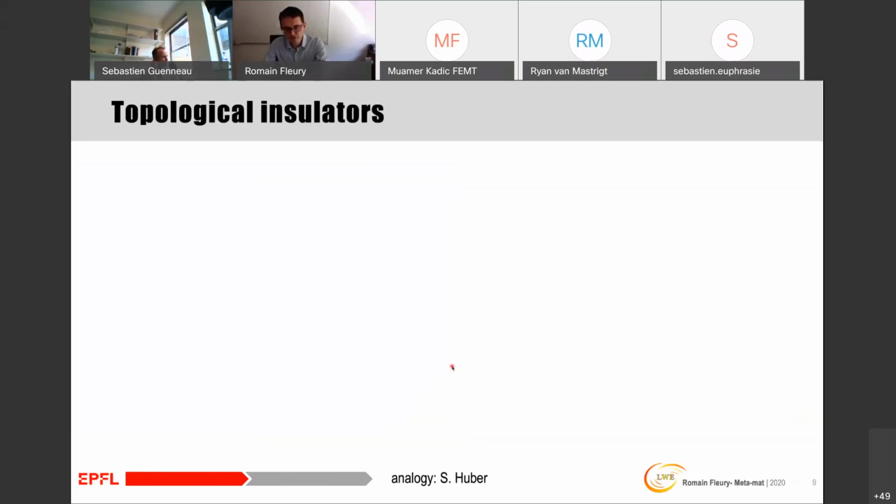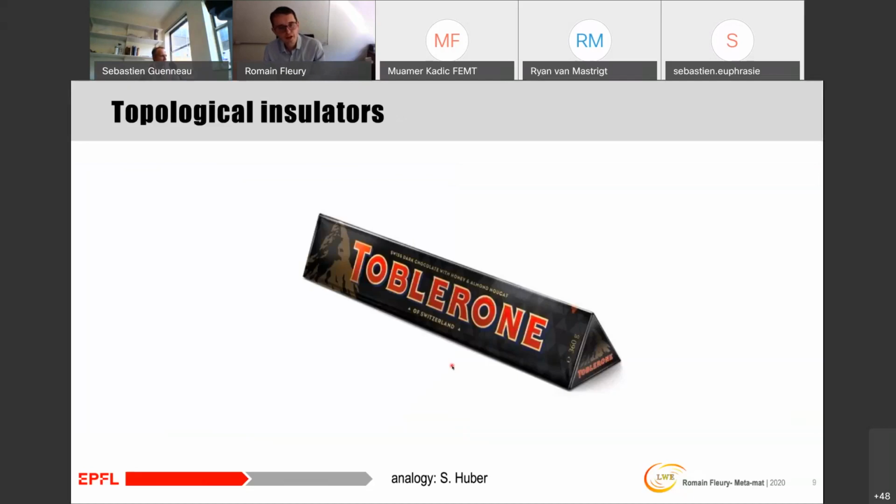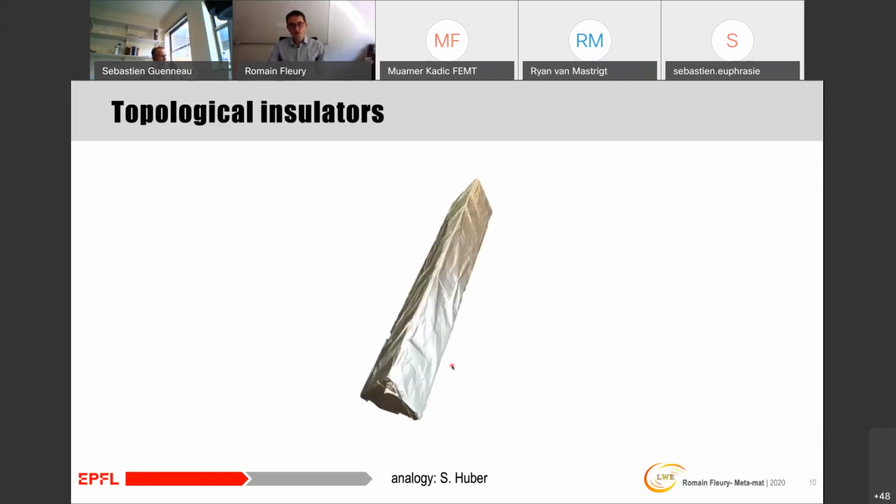All right, so if I summarize what I said so far, topological insulators are very much like everyday objects that we find every day in Switzerland, that are chocolate bars. Why? Because if you look at a chocolate bar, you open the box, you see that the inside is an insulator. There is no possible propagation.